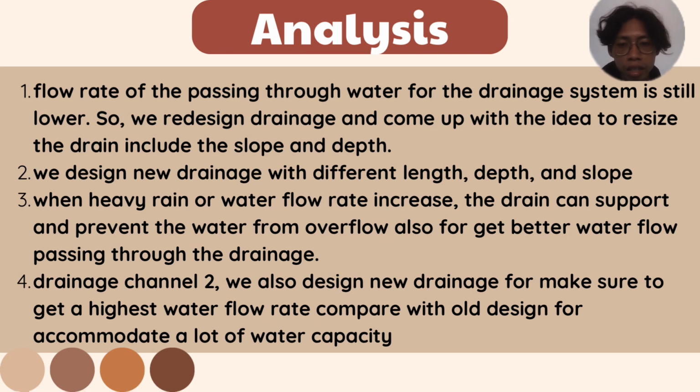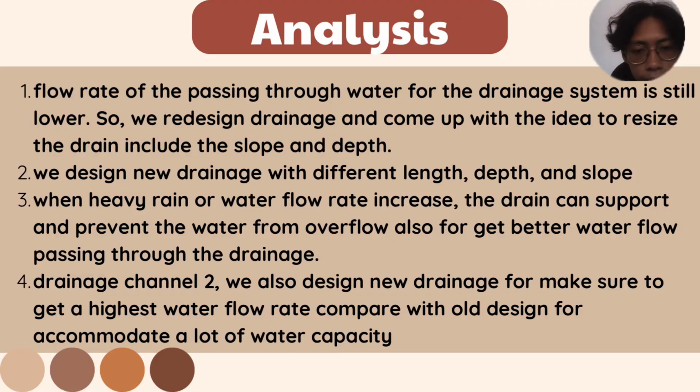And then for drainage channel 2, we also redesigned the new drainage to get the highest water flow rate compared with the old design, so it can accommodate a lot of water capacity.